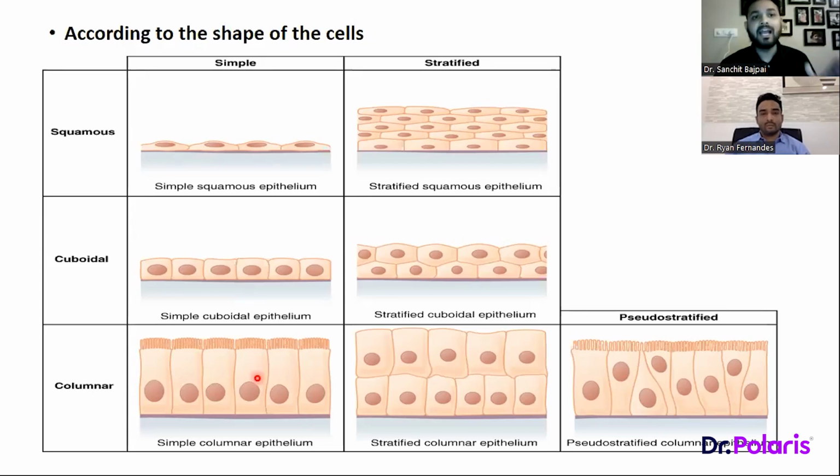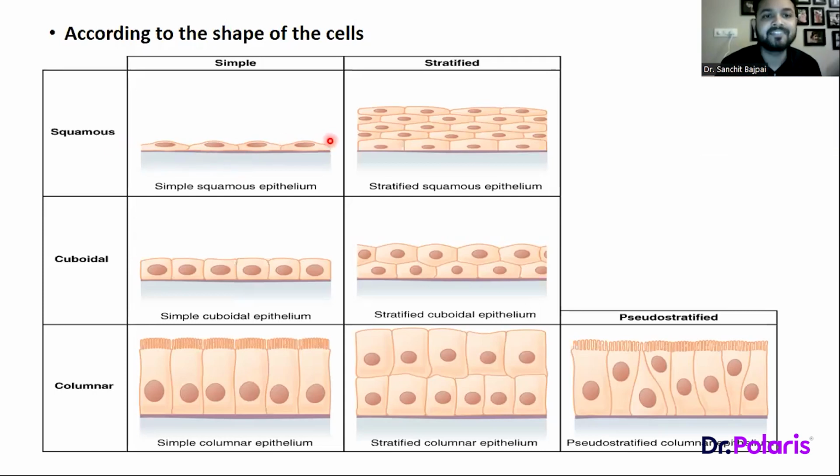Now simply add one thing to another. If I have one layer of flat cells, what do I call it? I call it simple squamous epithelium. If I have multiple layers of flat cells, what do I call it? Stratified squamous epithelium, because stratified means multiple layers. Similarly, if I have a single layer of cuboidal cells, what do I call it? Simple cuboidal epithelium, because simple means one layer.